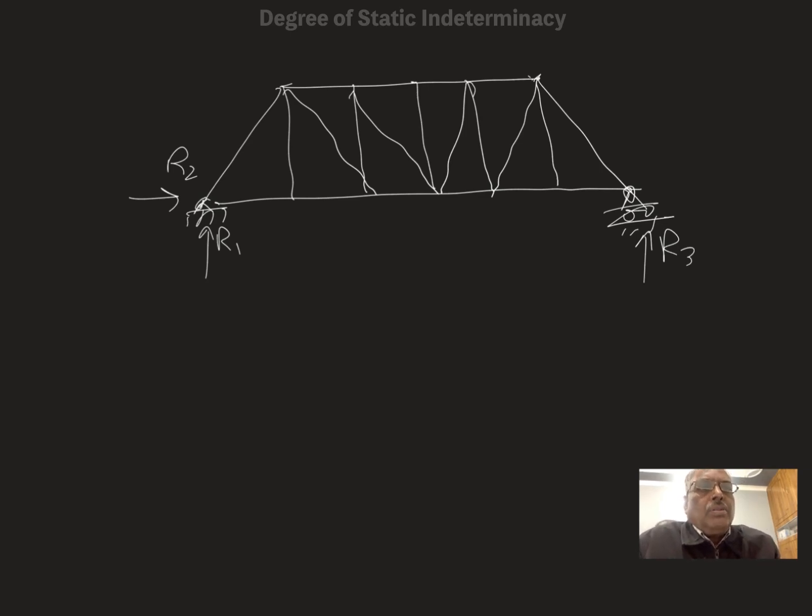Now I'm going to find out the total static indeterminacy, whether this is a determinate or indeterminate structure overall. All joints are pin joints. According to the rule, ds is m plus r minus 2j. How many members?